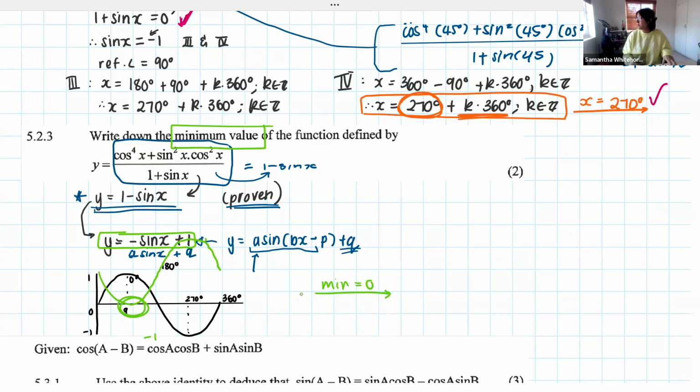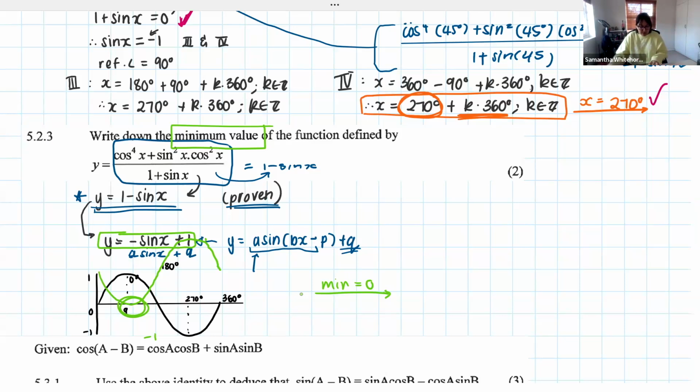And like I said, I'm pretty sure I have a summary somewhere. I will find it and I will upload it onto Google Classroom. But understanding what's happening to your graph in terms of shifts, stretches, amplitude changes, and so on, is so useful to you, not only in identity type questions or equation type questions, but when you actually get to trig functions as well, understanding what's going on.